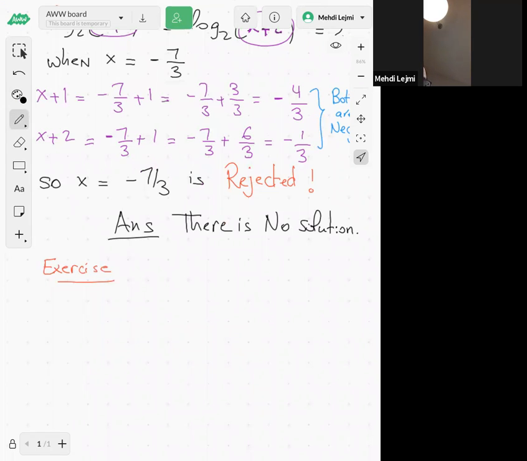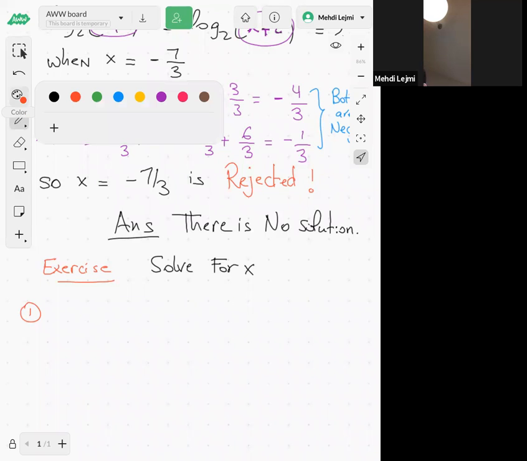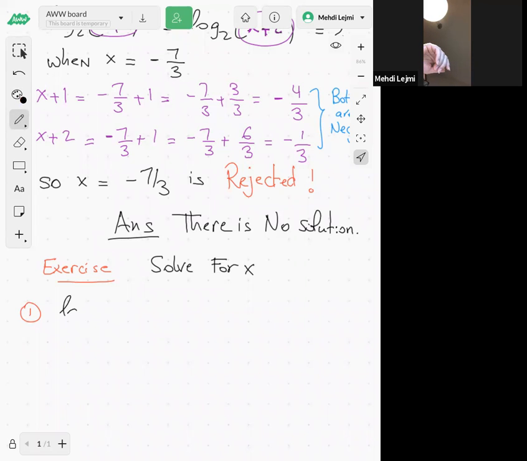Here's the exercise. Please try to solve for x. Number 1: log in base 5 of x minus 4 minus log in base 5 of x plus 3 equal to 1.